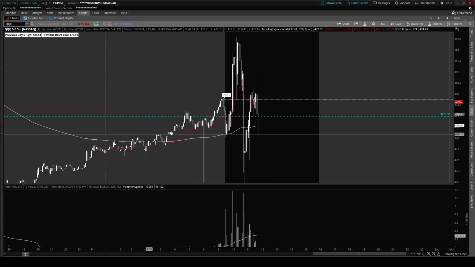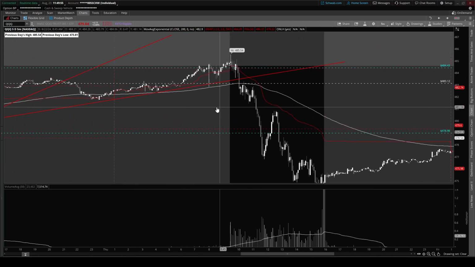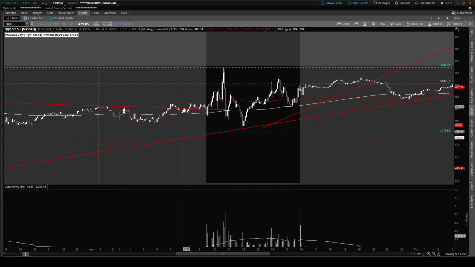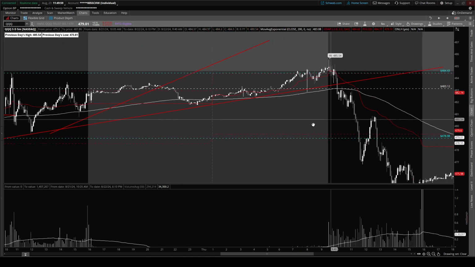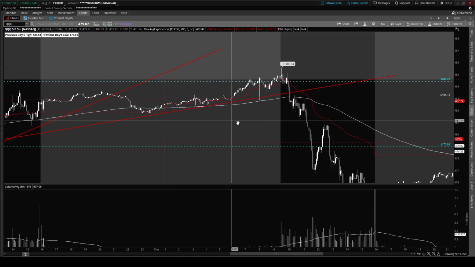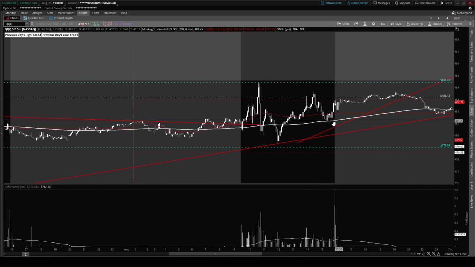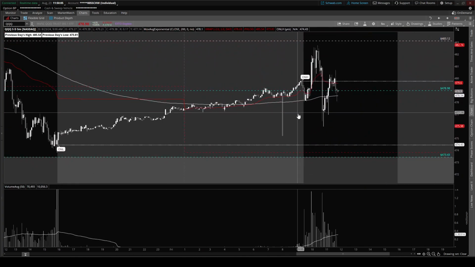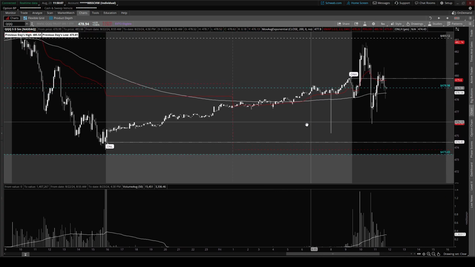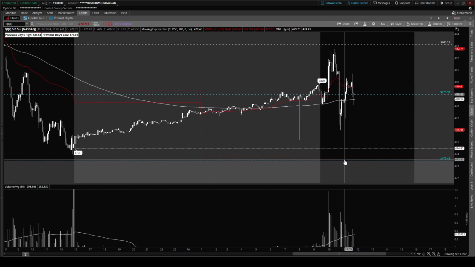So I would like to take a look at probably another one that we did pretty well on, but I guess I'll go back to, I guess I could give an example of this one over here. So earlier I drew a little bit of a golden pocket setup.